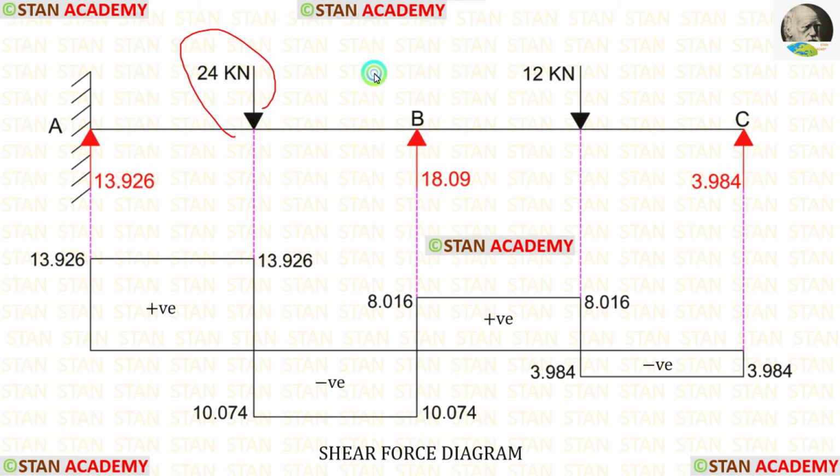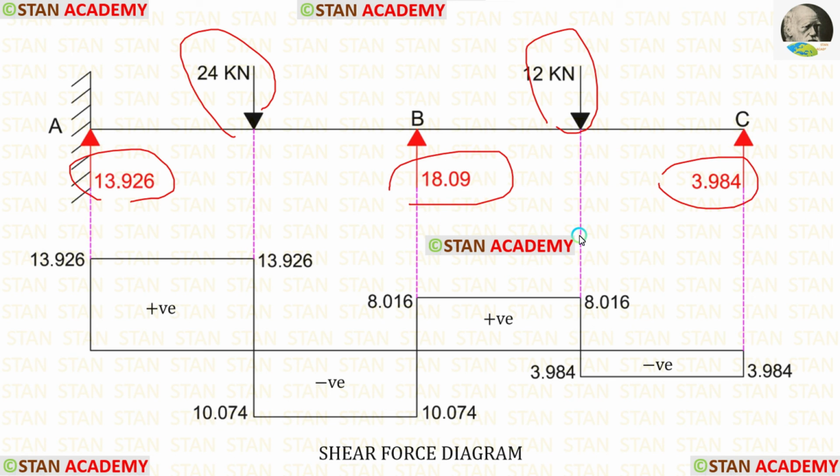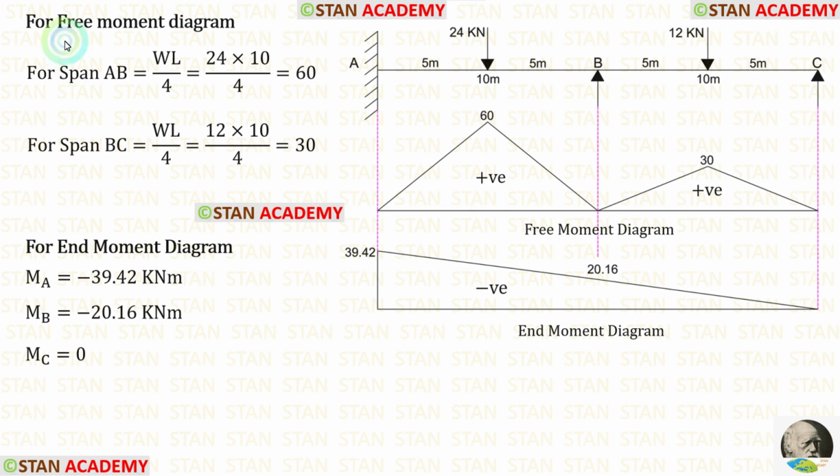Now, using the loads and reactions, we can make the shear force diagram. Now let us make the free moment diagram. For that we have to assume every span as a separate simply supported beam.